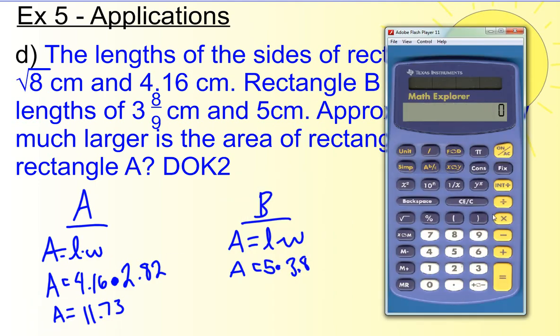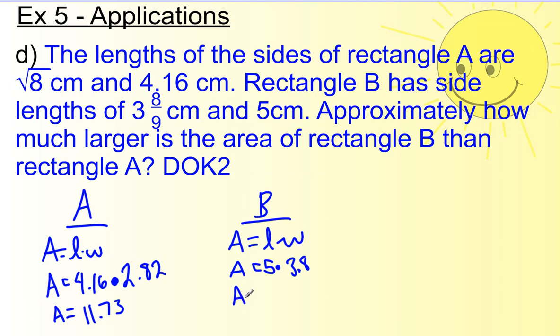And let's multiply. 5 times 3.8 equals 19. I would say that's far enough away to make sure that we know that rectangle B is going to be quite a bit bigger than rectangle A. We got this guy to be approximately 11.73. Rectangle B is approximately 19. Rectangle B is bigger.